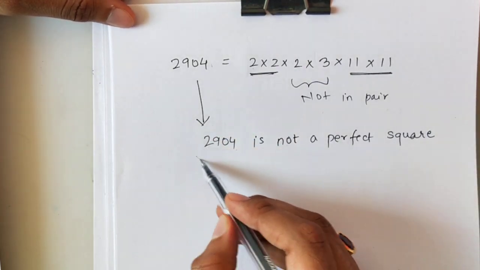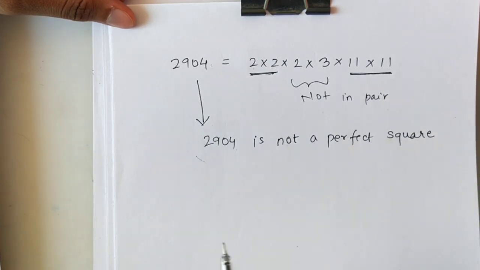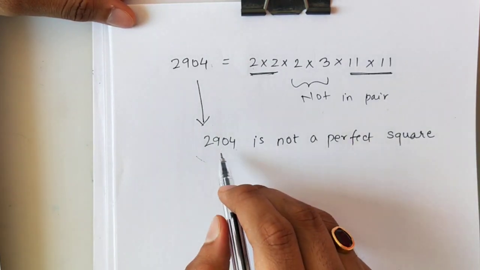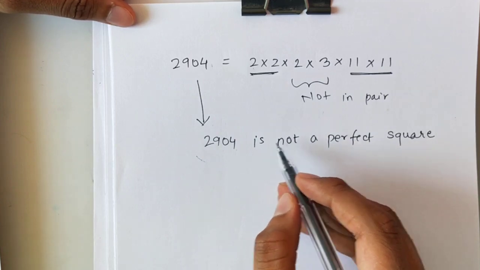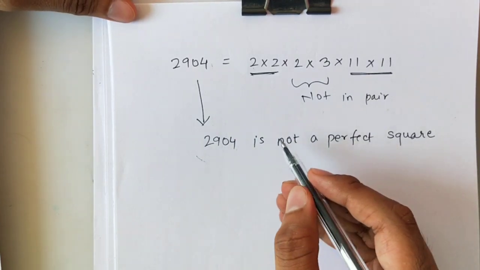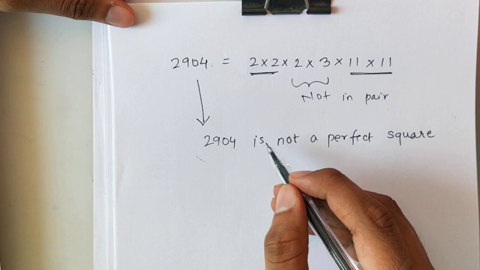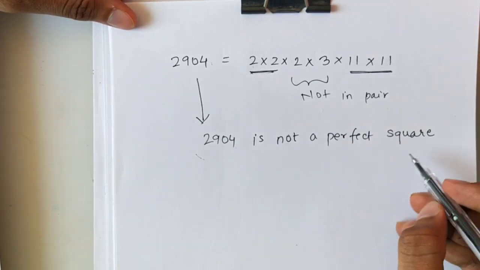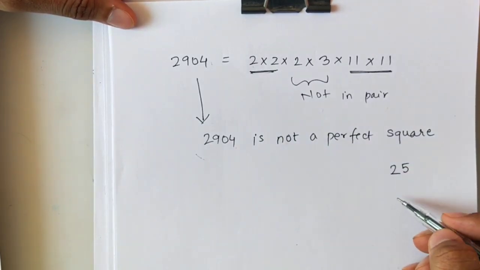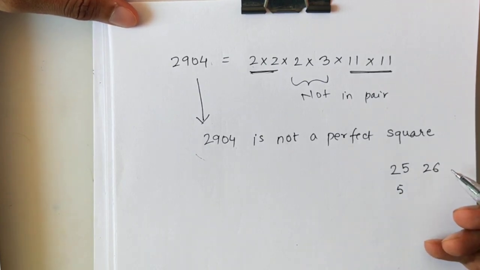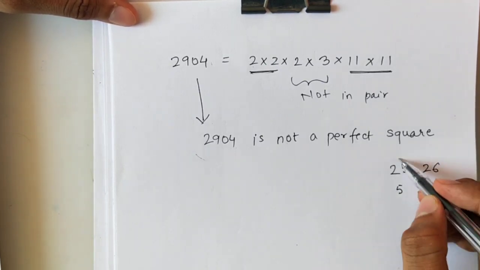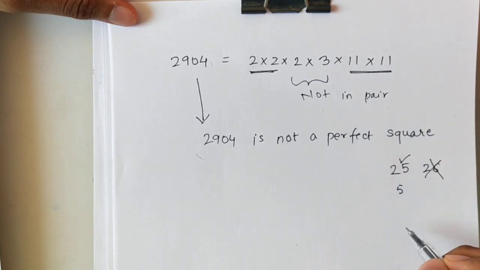That this 2904 is not a square of any number. They purposely gave us this question to try, and sometimes you may also get that the number is not a perfect square. See, not all the numbers are perfect squares. For example, 25 is a perfect square of 5, but 26 is not a perfect square of any number. 25 is a perfect square, 26 is not a perfect square.